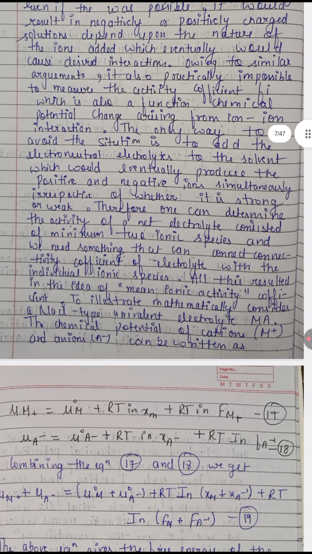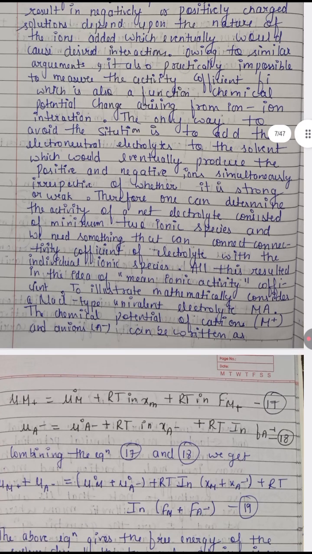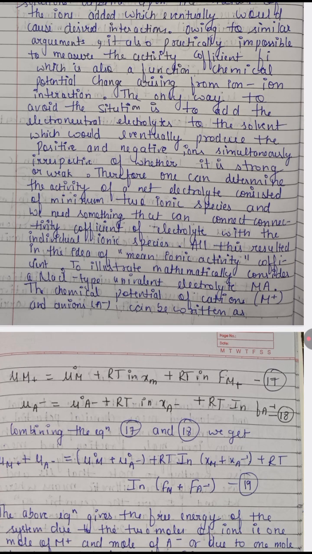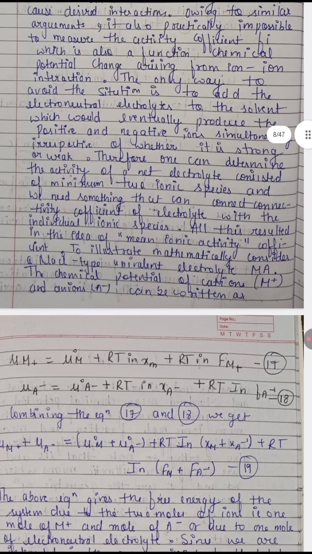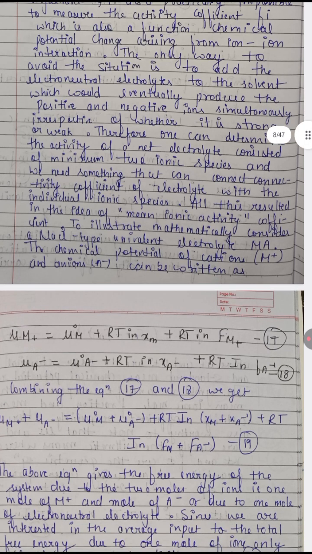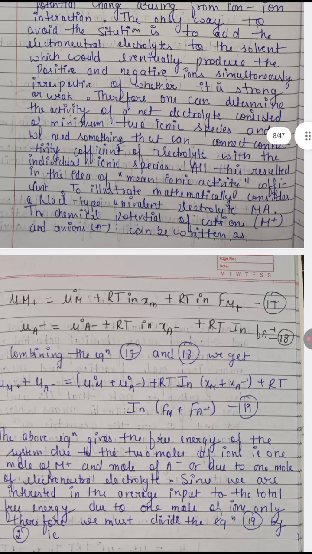Even if it was possible, it would result in a negatively or positively charged solution depending upon the nature of the ions added, which eventually would cause undesired interactions. Owing to a similar argument, it is also practically impossible to measure the activity coefficient fi, which is also a function of chemical potential change arising from ion-ion interaction.